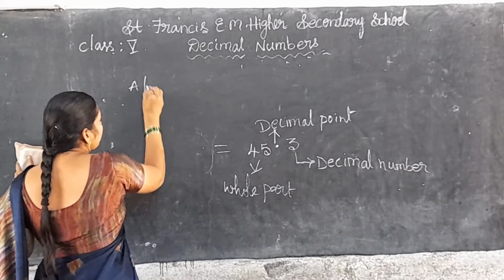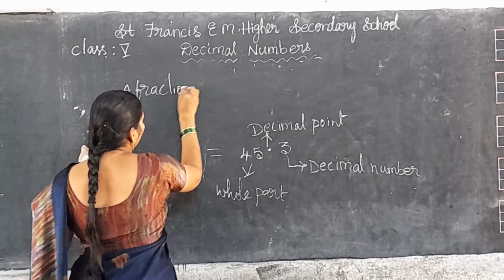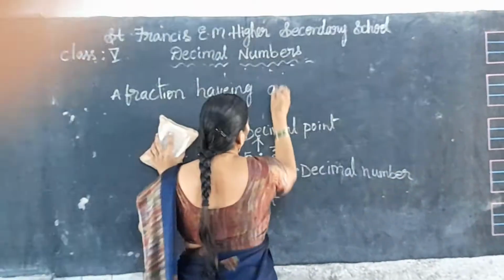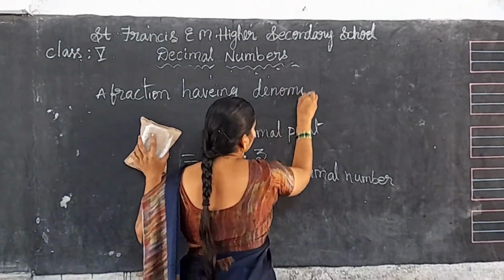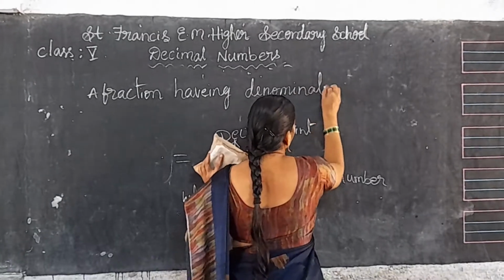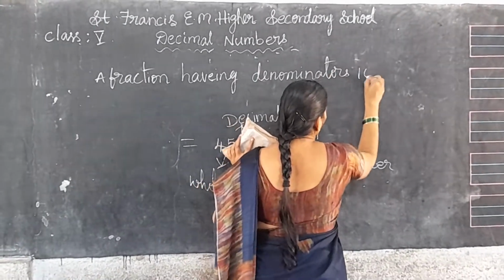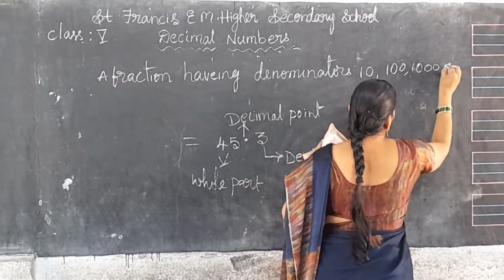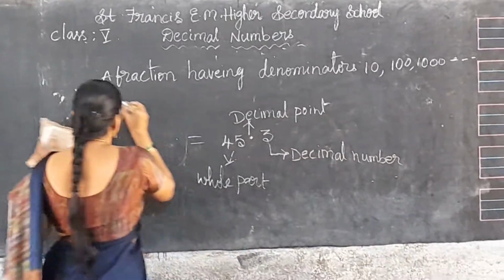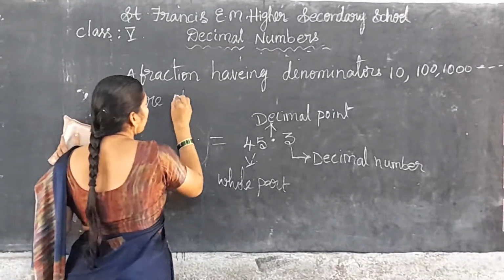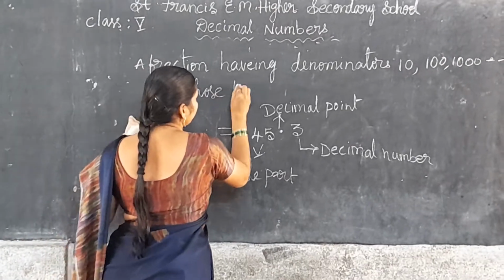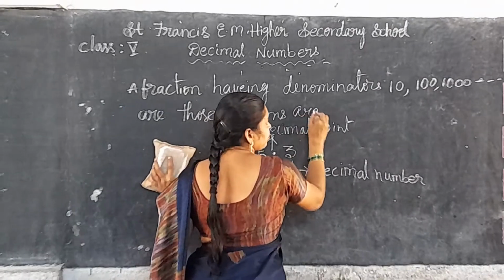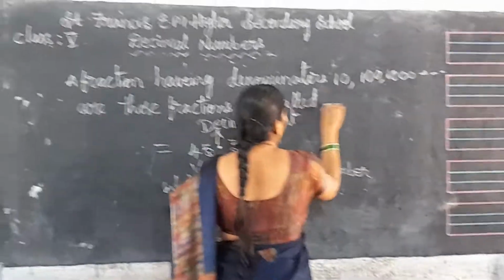A fraction having denominators ten, hundred, thousand, etc. Those fractions are called decimal numbers.